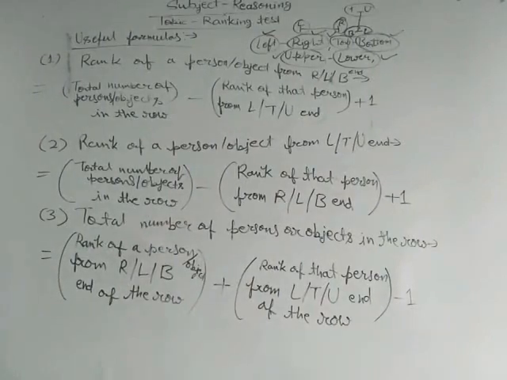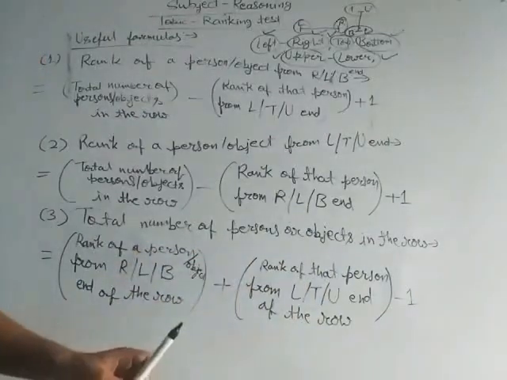Now the third formula is for the total number of persons or objects in the row.